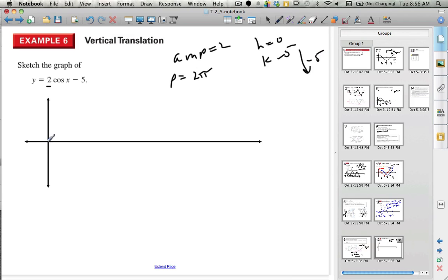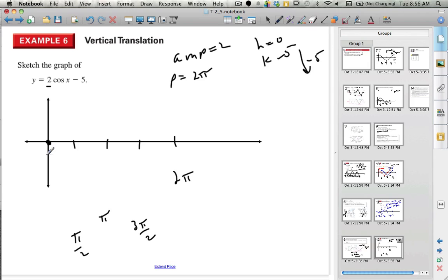So let's go ahead and put in our period. Our period is 2 pi. And again, we're going to do pi, 3 pi over 2, pi over 2. You'll notice that some of these things get done pretty repetitively. Then my amplitude is 2. But remember, everything's going to be shifted down 5.